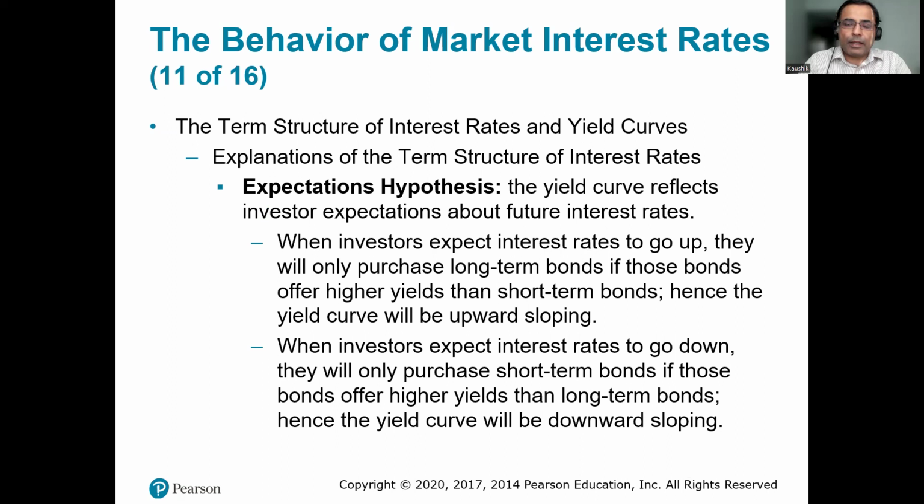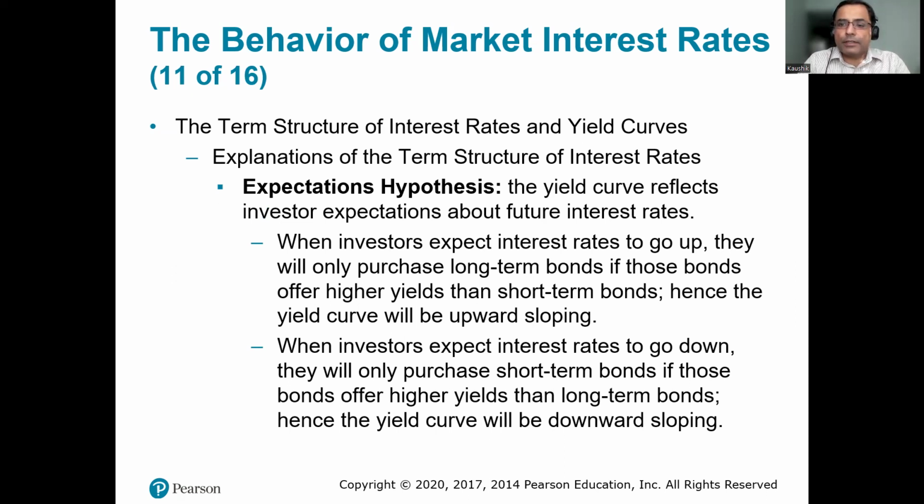If they expect future interest rates to go up, they will want to purchase short-term bonds, and they will only purchase long-term bonds if these bonds offer higher yields than short-term bonds. Hence, it's an upward sloping yield curve.